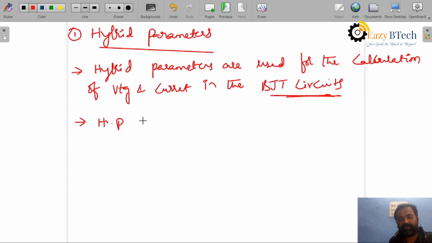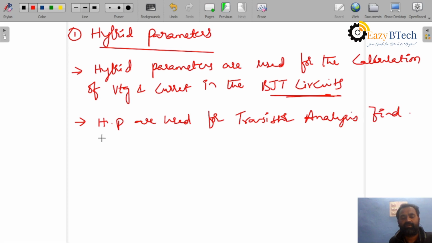Hybrid parameters are used for transistor analysis, finding gain, either voltage gain, current gain, input impedance, output admittance.